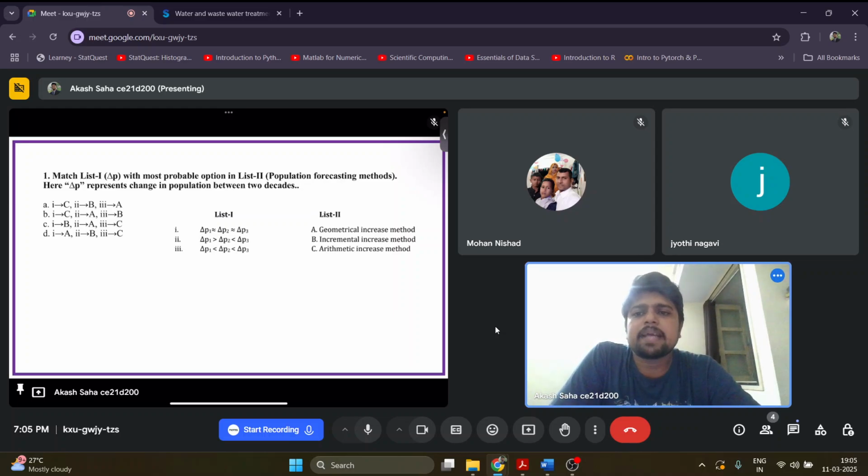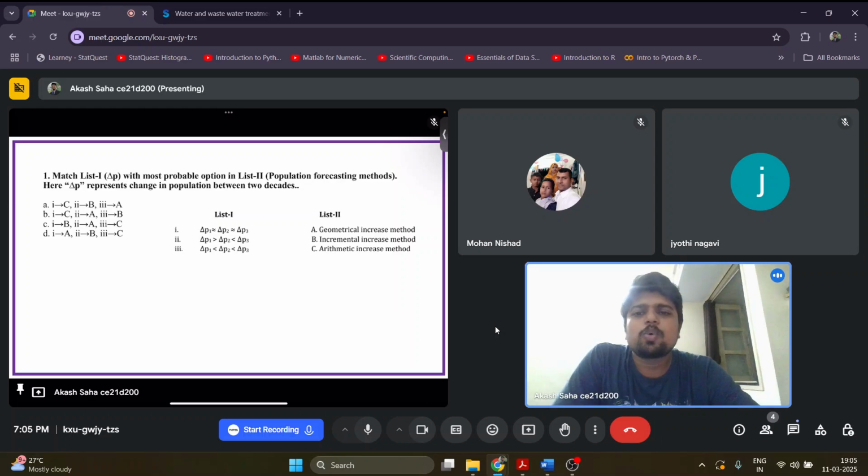Based on the type of population forecasting method, we have some general guidelines regarding the delta P. If the variation is within this range or following a particular trend, we will use a particular type of forecasting method. So we have the arithmetic, geometric, and the incremental increase method. Please try to answer. In the first list, the first option is that all the delta P are more or less equal.